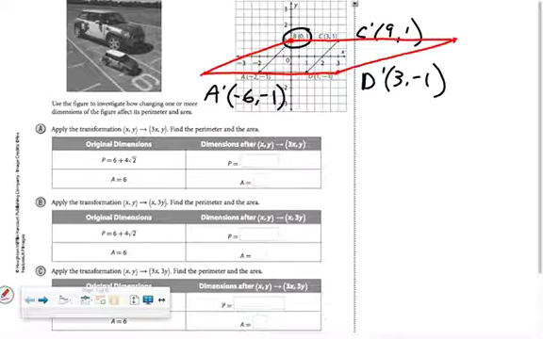Area, remember, is base times height. And the base of this parallelogram, if you were to count the spaces from -6 to +3, it's 9 times, and the height of this parallelogram is 2. So this area is 18. That kind of makes sense.